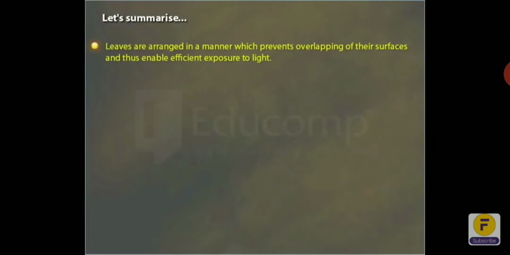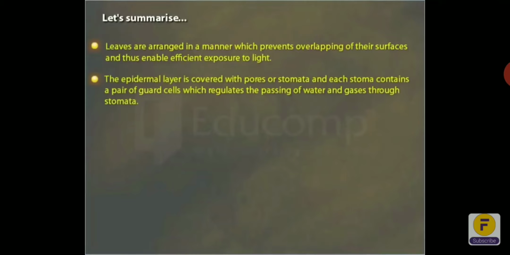Let's summarize. Leaves are arranged in a manner which prevents overlapping of their surfaces and thus enables efficient exposure to light. The epidermal layer is covered with pores or stomata, and each stoma contains a pair of guard cells which regulate the passing of water and gases through stomata.